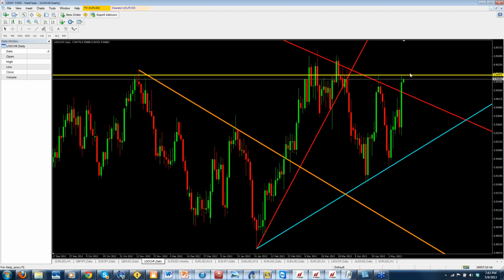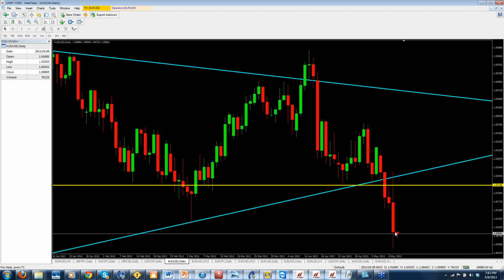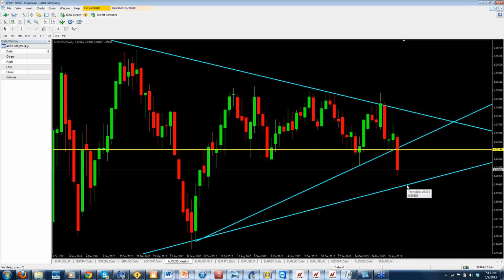Dollar Swiss is sell, and our Aussie dollar, right now we don't have any signs of reversal, and looking at the weekly, we can probably see a price move down to parity at 1.000. That would be a good bounce point. Okay, and that pretty much sums up what we're looking for on these majors.